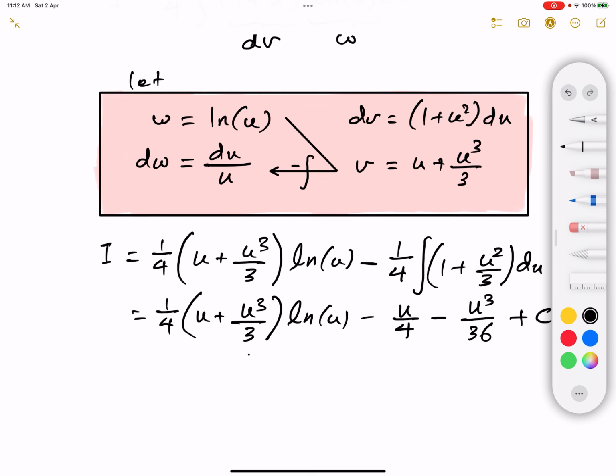And basically now we need to substitute the tangent of x instead of u to get our final answer.